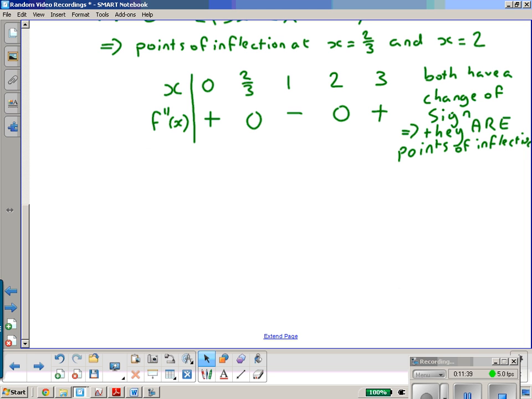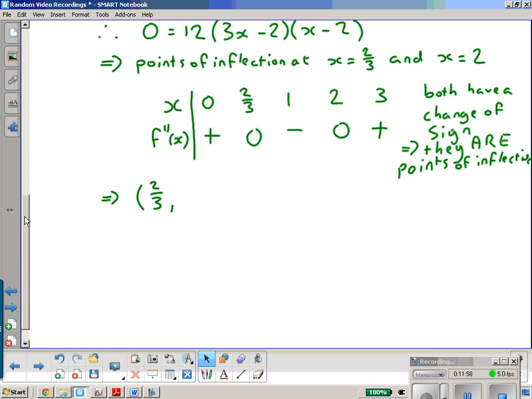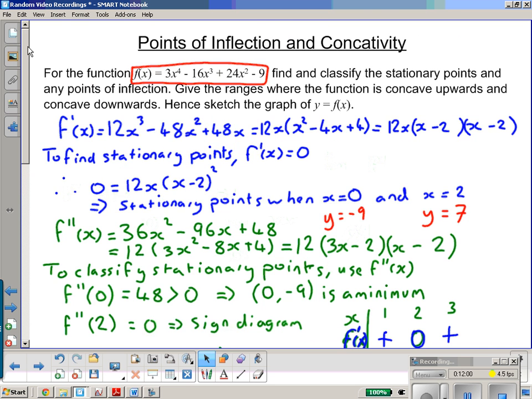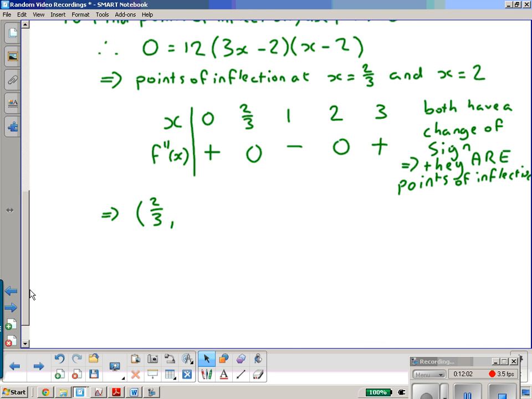So we already know that 2 was a stationary point of inflection, which means the other one is a non-stationary point of inflection. So that means we have 2/3, and the y-coordinate, if we scroll all the way back up, we have to put 2/3 into our original red function, and when we put that in, we get minus 67 over 27, not a very nice fraction there.